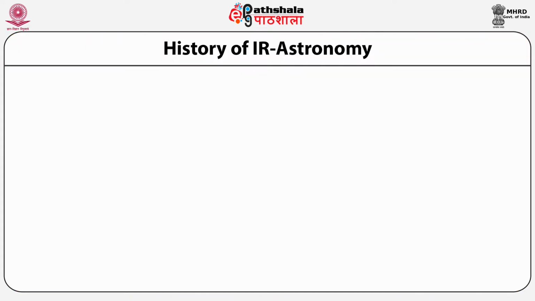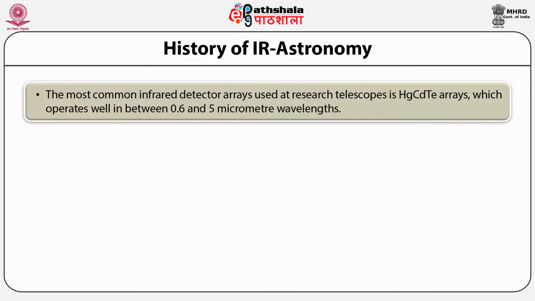When we talk about infrared astronomy, the most common infrared detector arrays used at research telescopes are HgCdTe arrays, which operate well between 0.6 and 5 micrometer wavelengths.